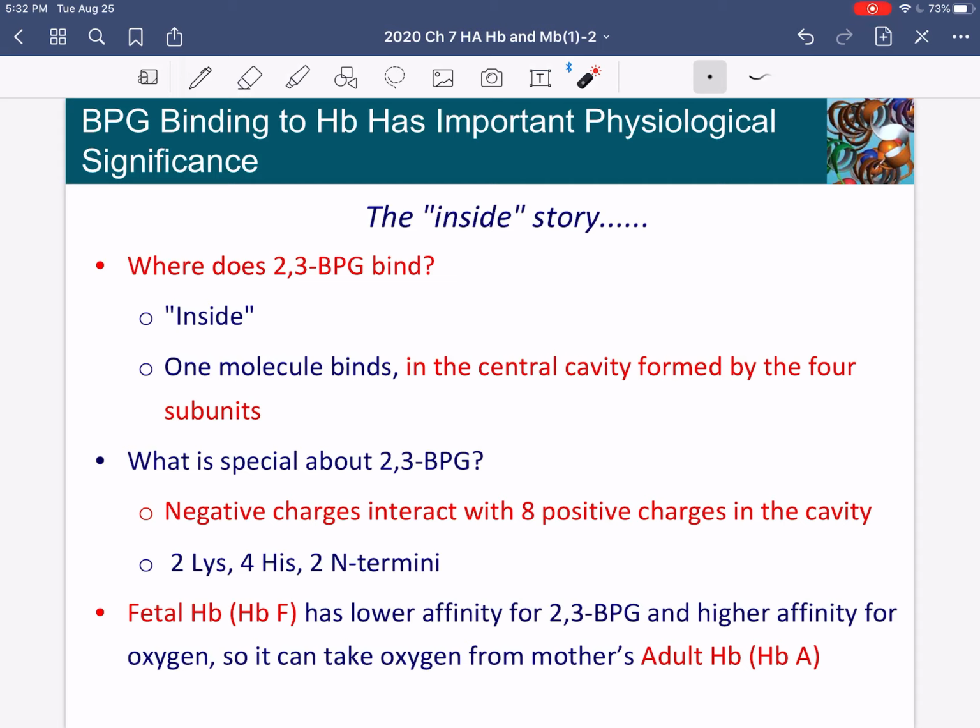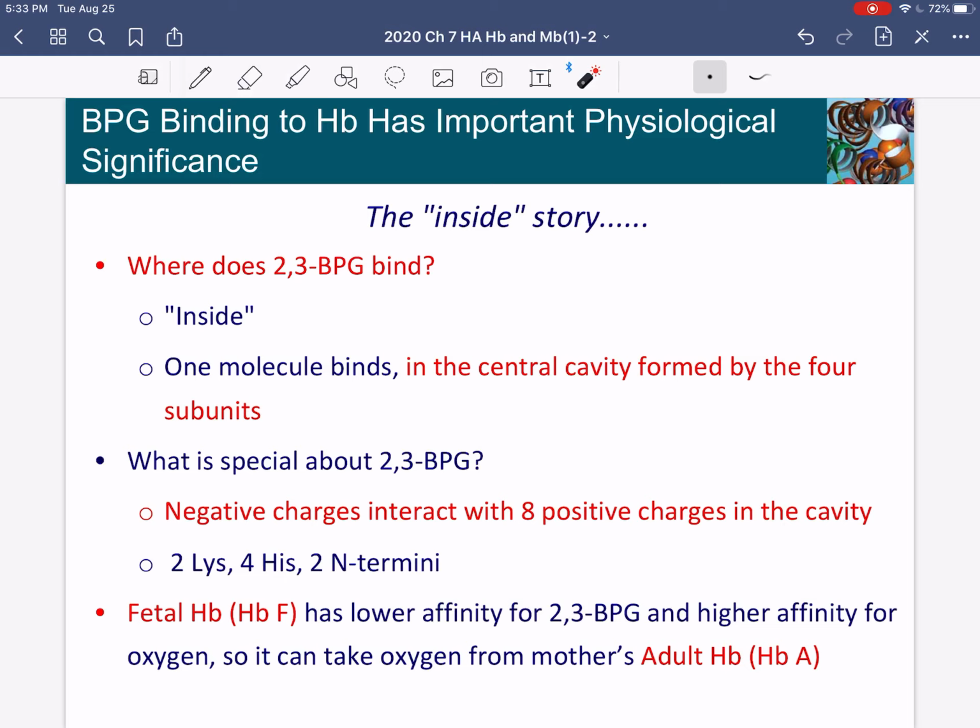So the placental tissue is going to facilitate the transfer of oxygen from the hemoglobin in the mother's cell, the adult hemoglobin, toward the fetal hemoglobin. So how did we get that directional transfer?